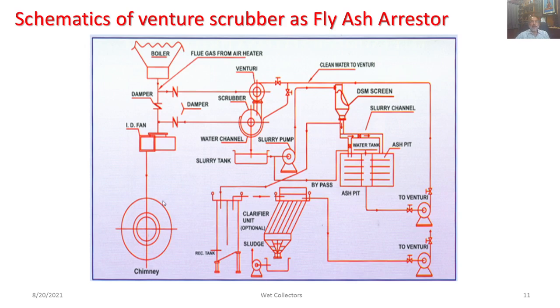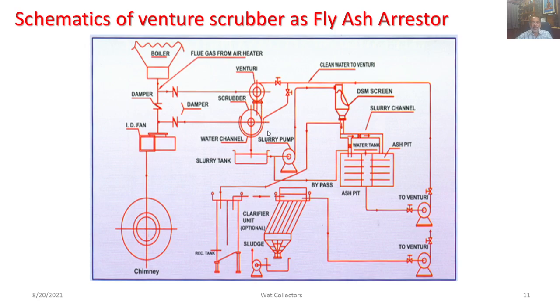In order to understand the placement of a venturi scrubber, or scrubbers in general, let's consider a specific case which is showing the fly ash arrestor. The gaseous stream as it comes out of the boiler is allowed to move through this venturi as well as this scrubber.